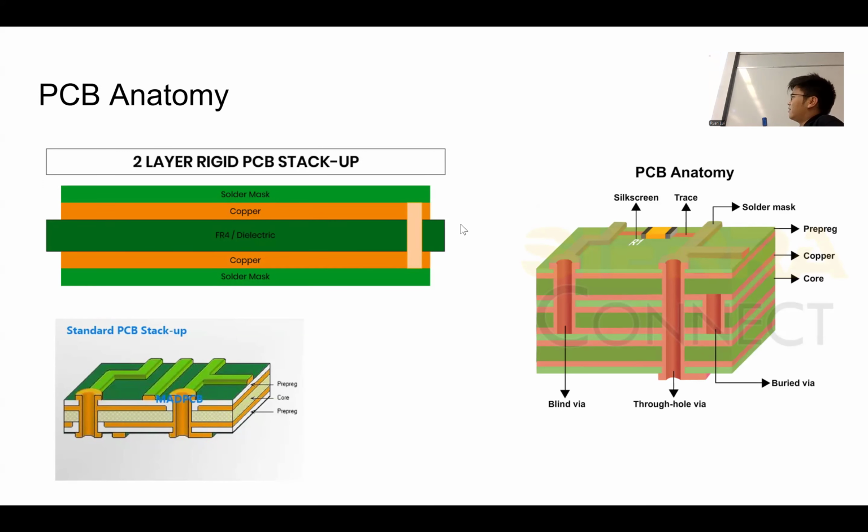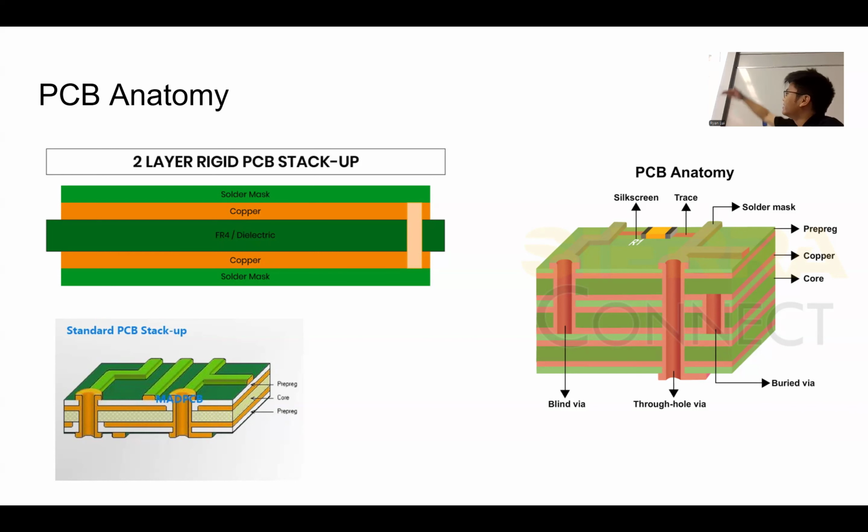Now let's connect the bridge from your schematic to what an actual PCB looks like. You can see on the top left here, there's what we call a two-layer stackup. This is for a rigid PCB. Two layers means that there are two planes of copper that you can have your electrical connections on.